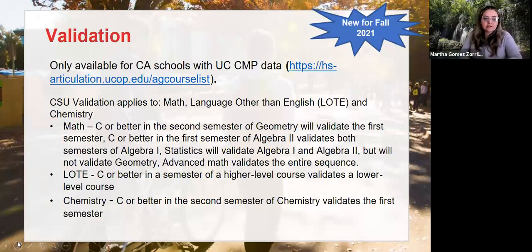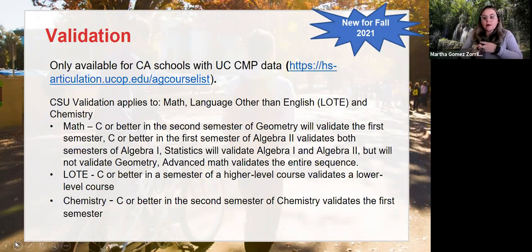So this talks about validation. I'm sure some of your high school counselors have talked to you about it, but if not, this is just a quick refresher. It's only available for California schools and with the UCs. CSU validation applies only to your math, language other than English, and chemistry.